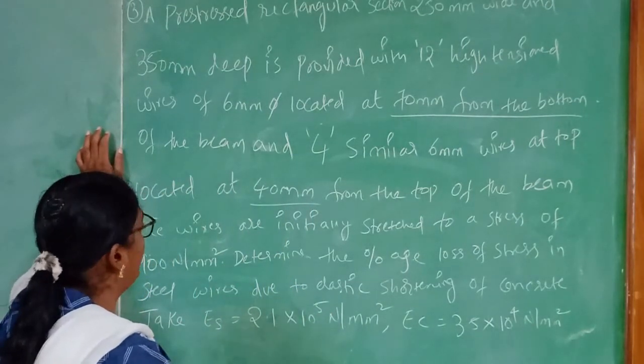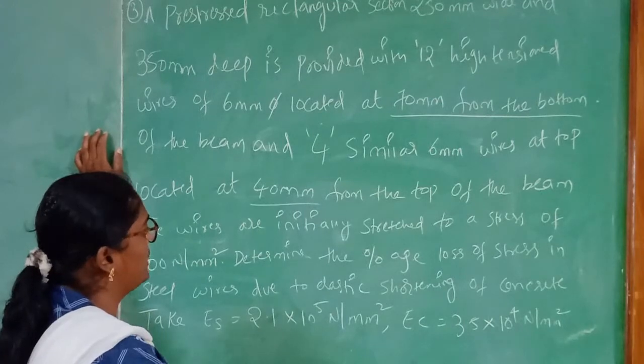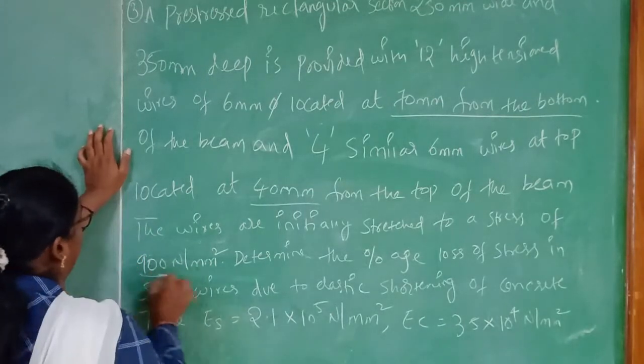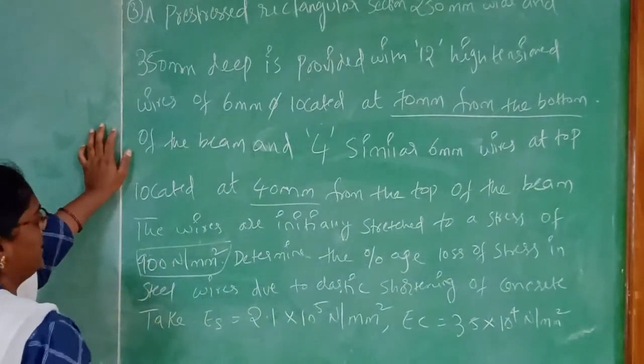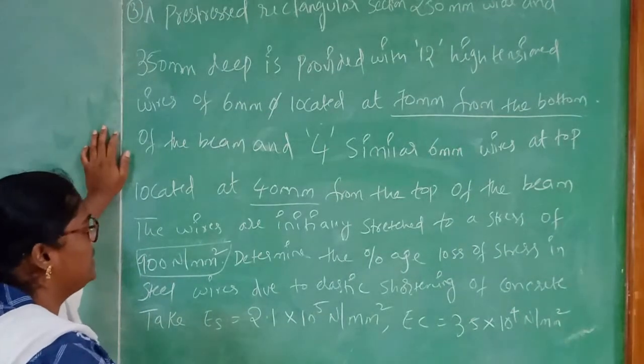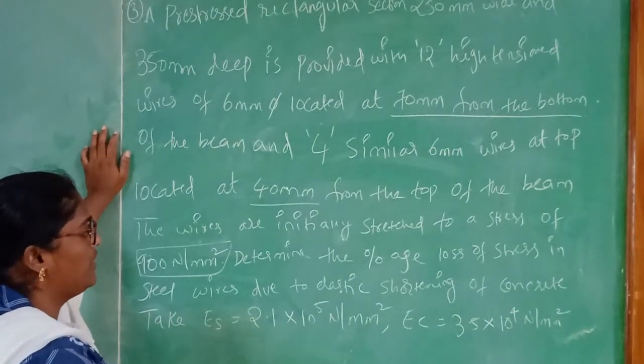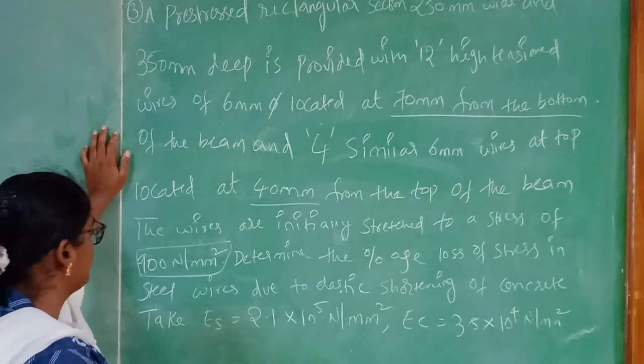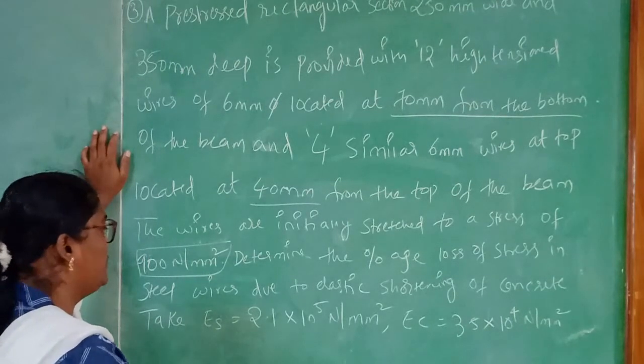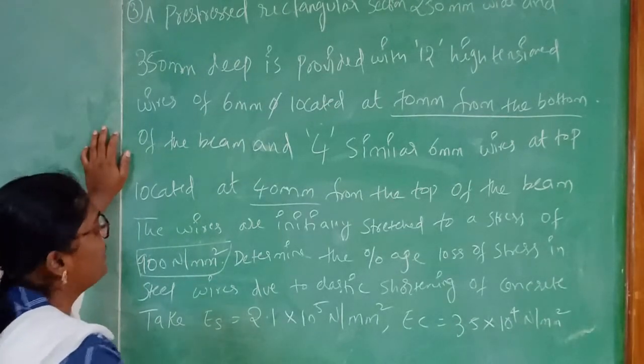The wires are initially stretched to a stress of 900 Newton per mm square. Determine the percentage loss of stress in steel wires due to elastic shortening of concrete.